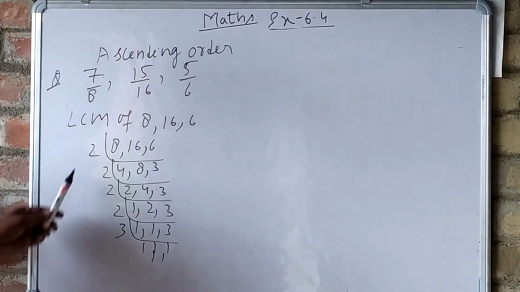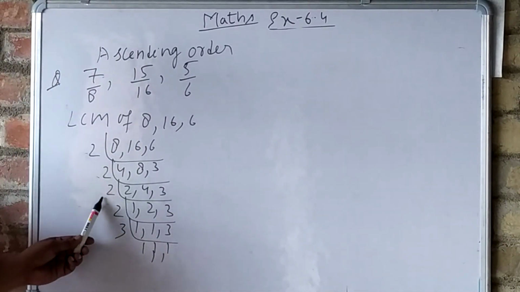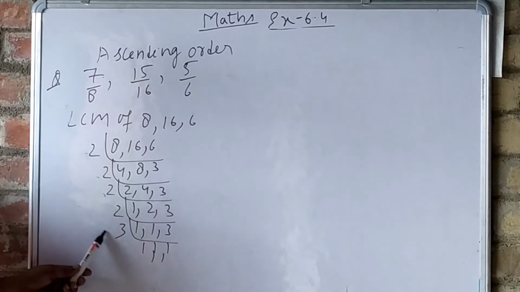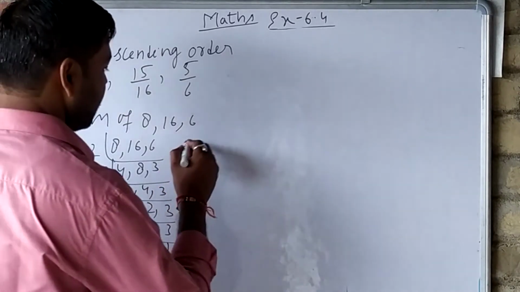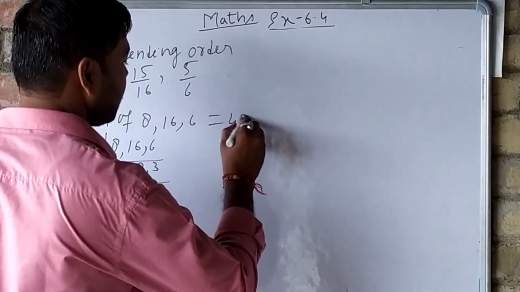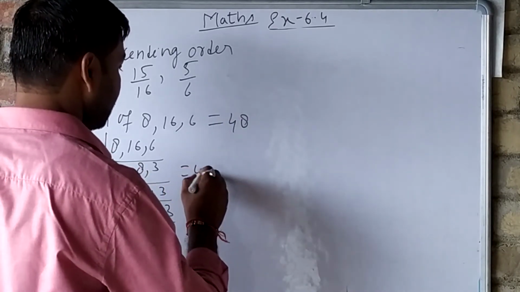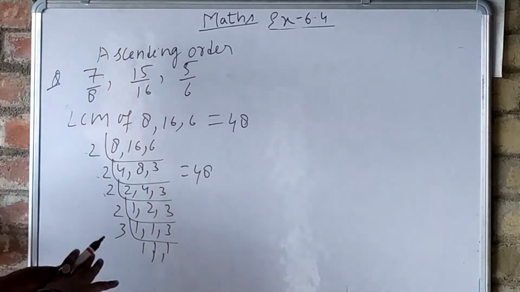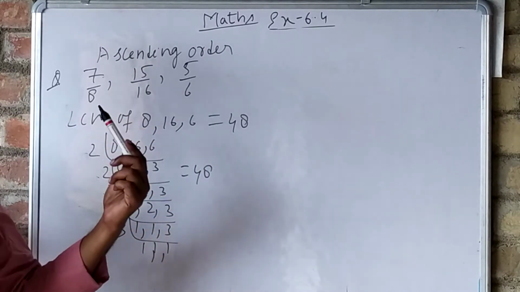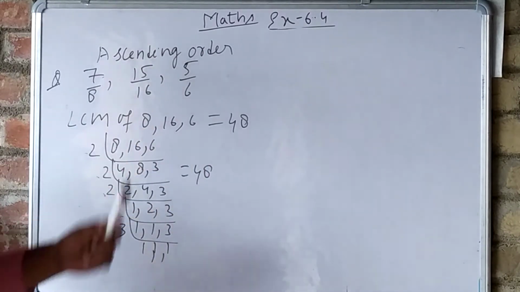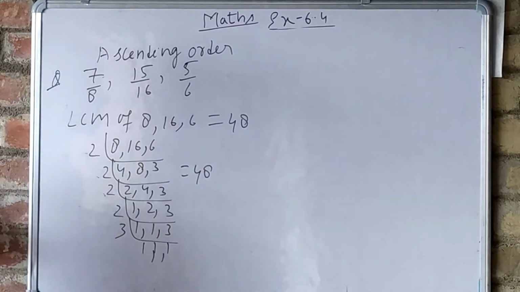So what is the LCM? 2 2s are 4, 4 2s are 8, 8 2s are 16, 16 3s are 48. So LCM of 8, 16 and 6 will be 48.